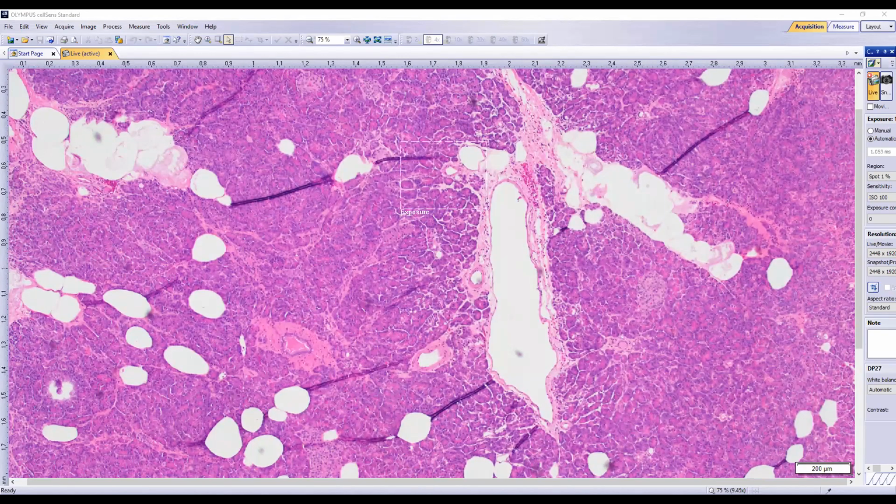So we have the background pancreas here. This was a 64-year-old male who presented with a 4-centimeter pancreatic lesion.